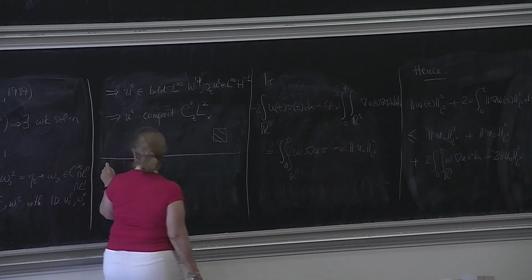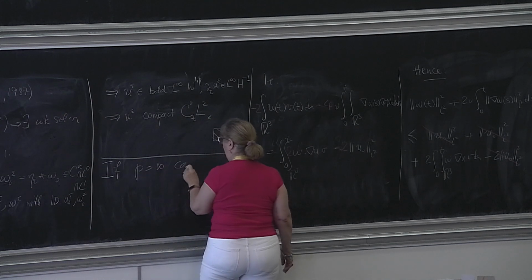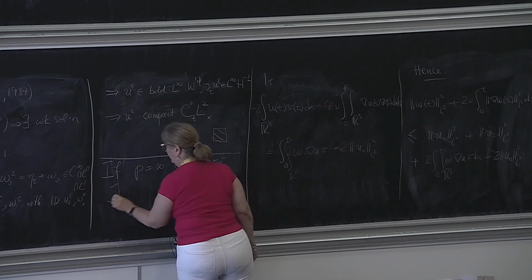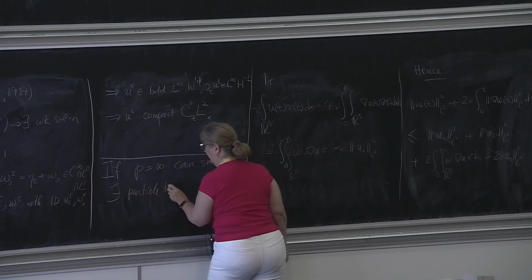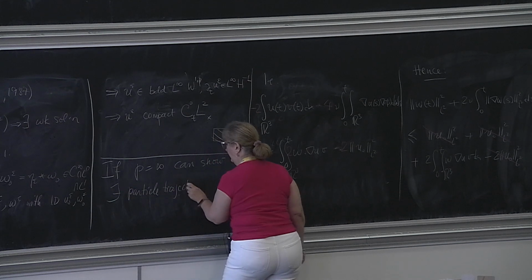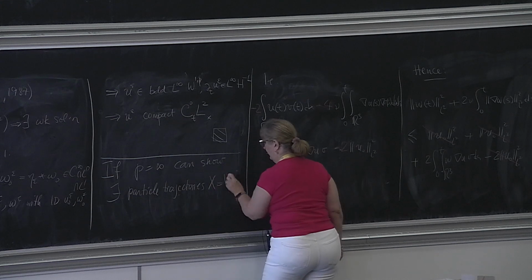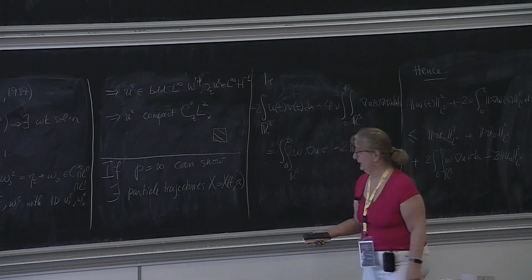So if p equals infinity, I can show there exist particle trajectories. In other words, there exists a Lagrangian description, and the vorticity is constant along these trajectories.